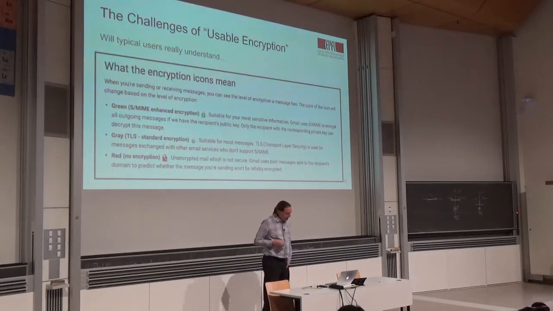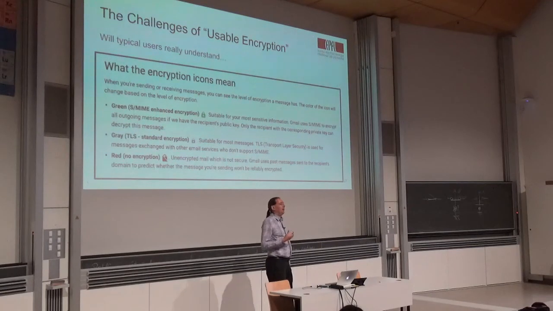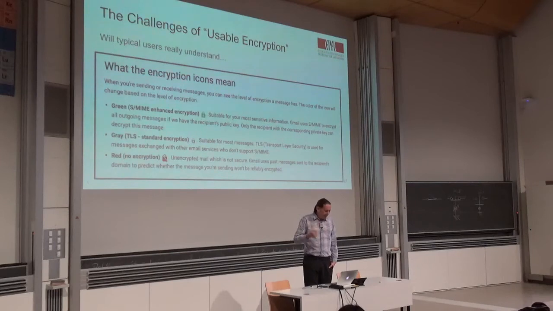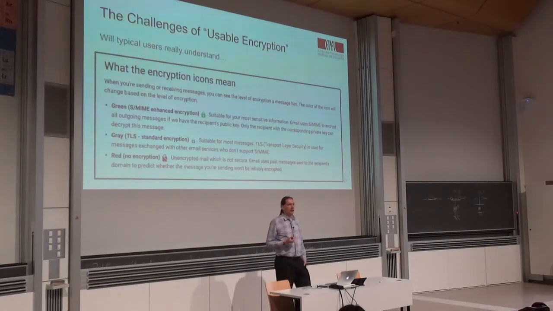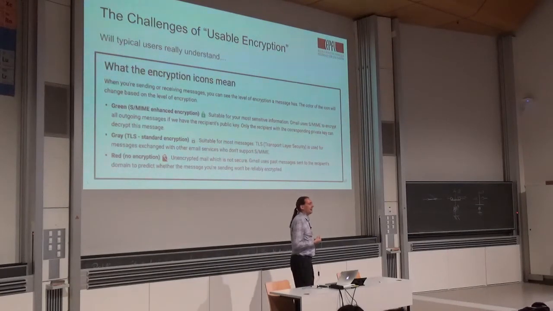Another big problem in general with encryption is what we call usability. How usable is the encryption? This is something that, for example, web browsers have been struggling with for ages. What does it mean when you see a lock icon appear in your web browser? What does it mean when you don't see the lock icon?